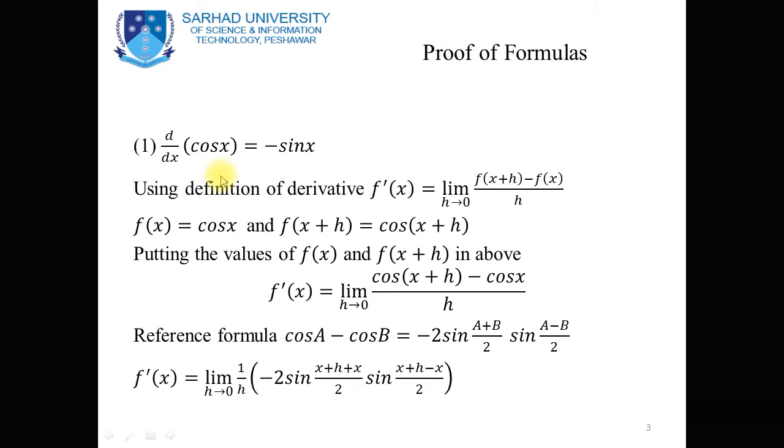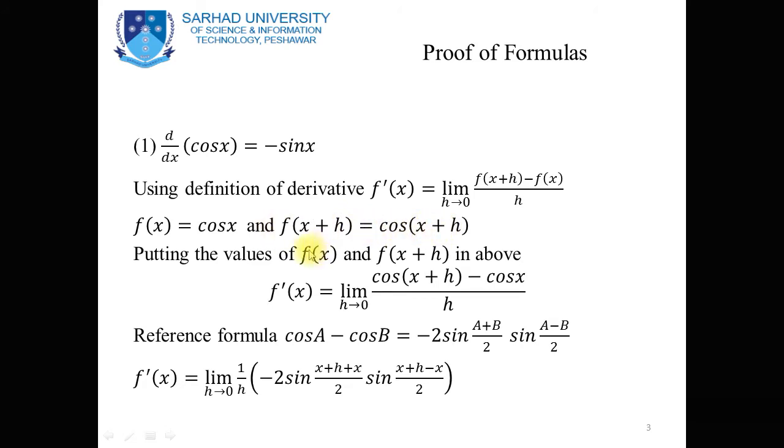By using the definition of derivative, the derivative of a function is equal to limit h tends to 0 of f of x plus h minus f of x divided by h, where h is the delta x. Now we know that f of x is equal to cos x, so replace this x by x plus h. We find f of x plus h is equal to cos of x plus h.